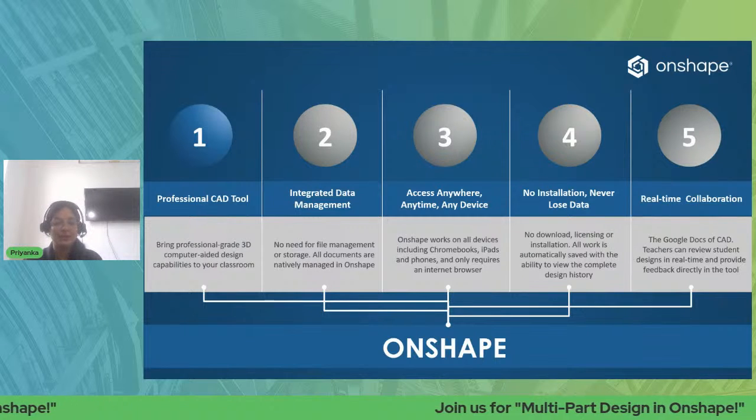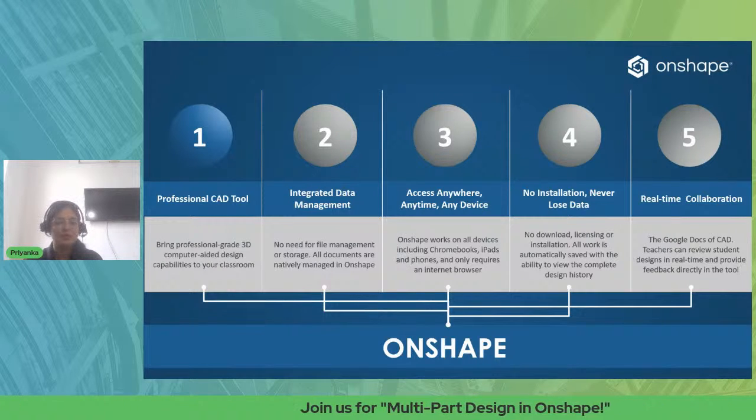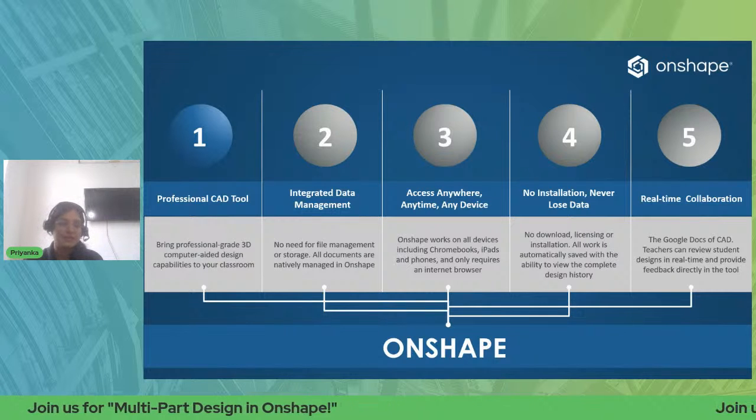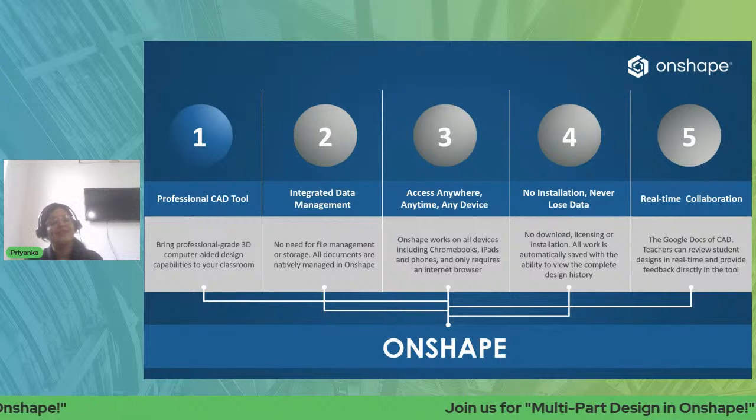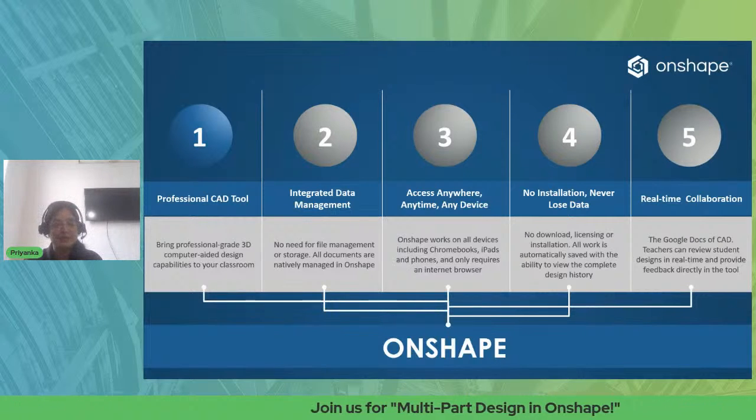It's a great advantage that everything is stored on the cloud. It's web based, so students are able to connect anywhere and have access to their work and to their accounts anywhere.